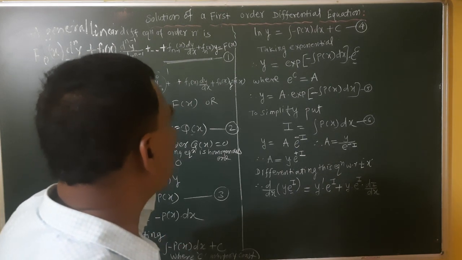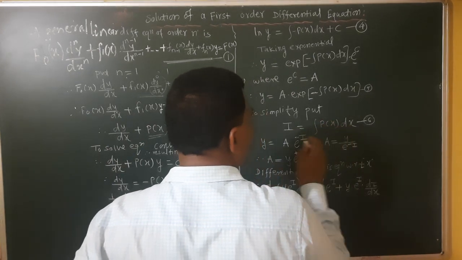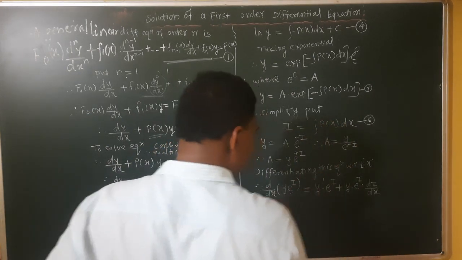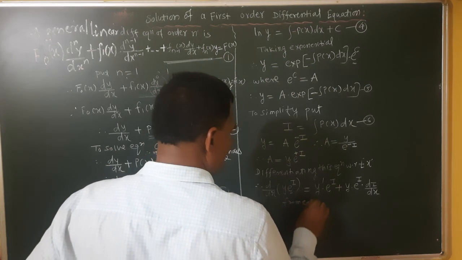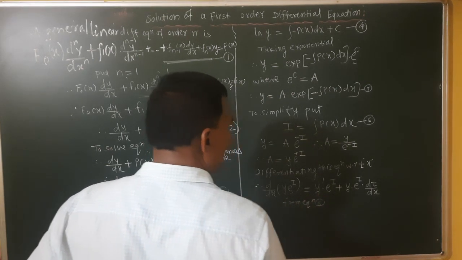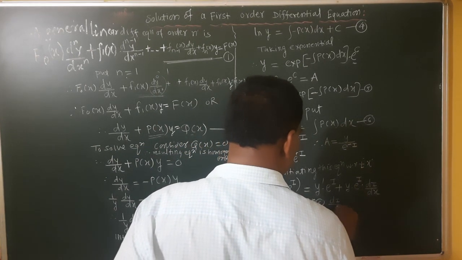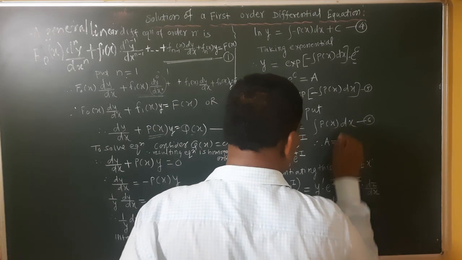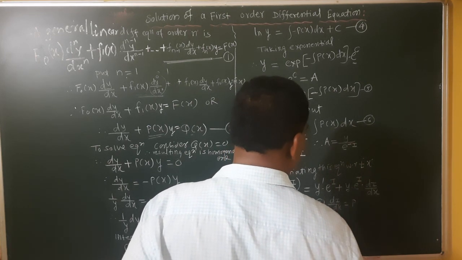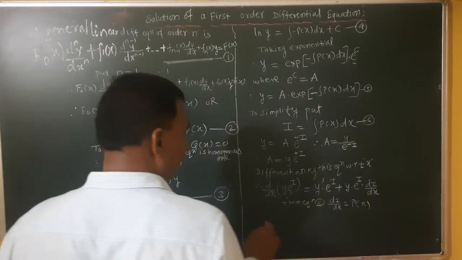This differentiation, from equation 6, di by dx is equal to p of x, we have to consider.